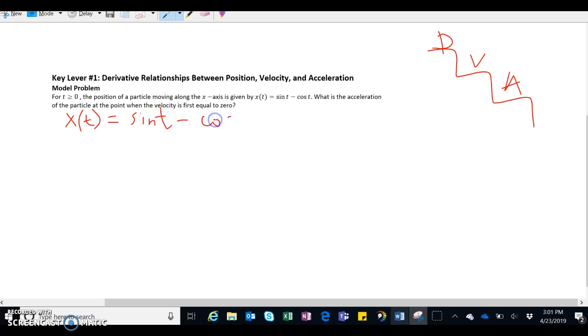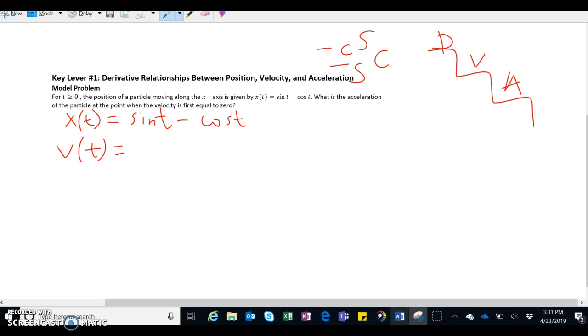So in order to answer this question, I want to eventually find the acceleration at a particular point, and that point is when the velocity is first equal to 0. So I have to first anchor myself in a velocity function. I'm going to scribble my quick graphic organizer here.